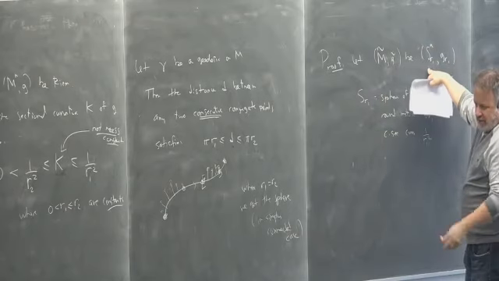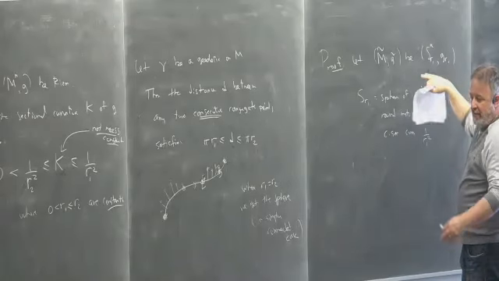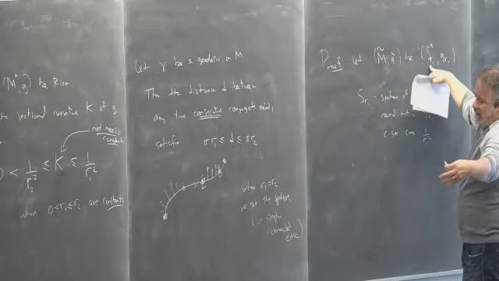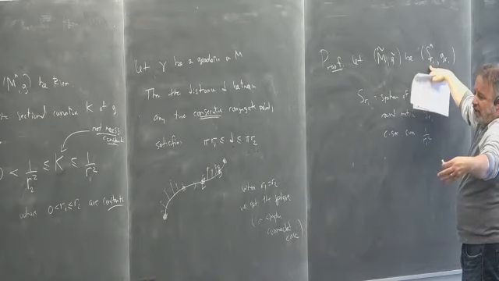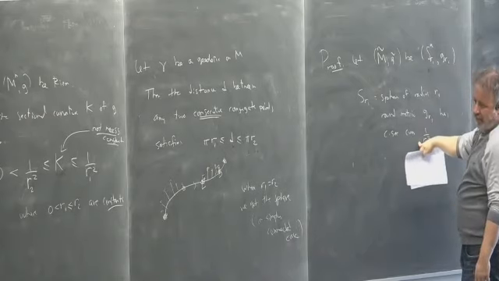We usually just talked about the round sphere of radius 1, but if you scale the radius to R1, that means you're multiplying the metric by R1 squared, and that means that the curvature gets multiplied by 1 over R1 squared.